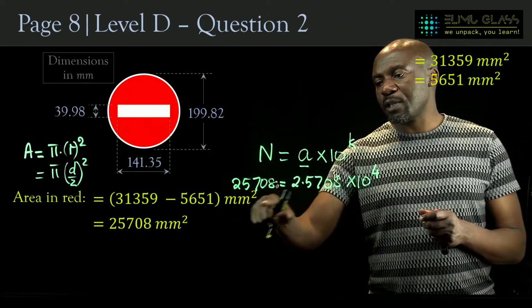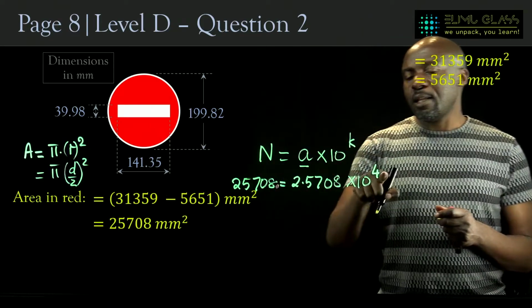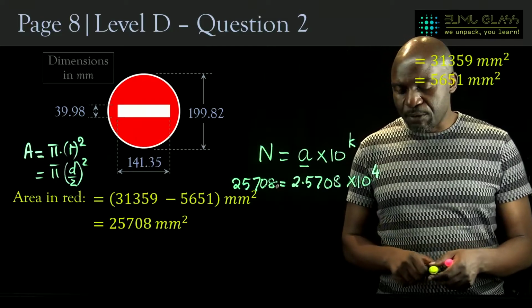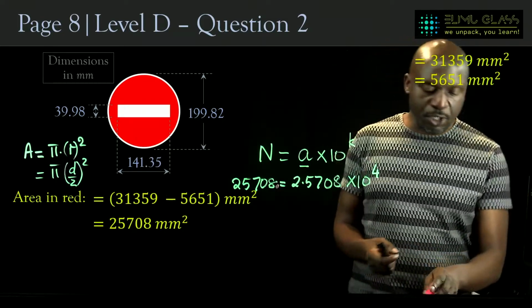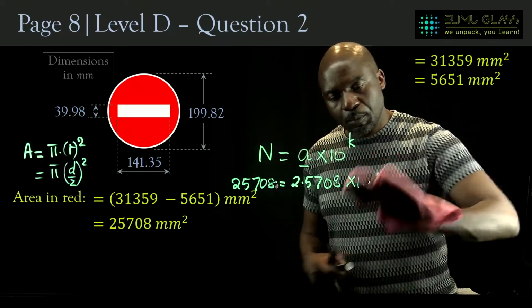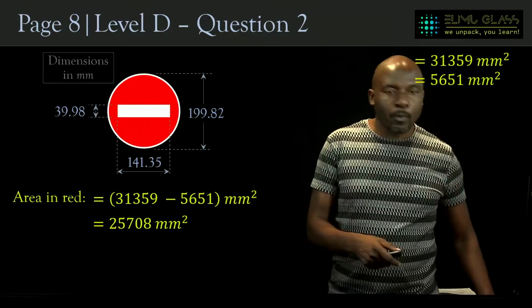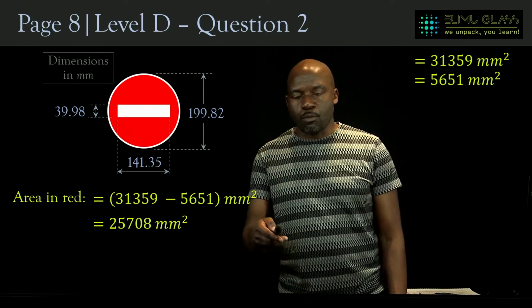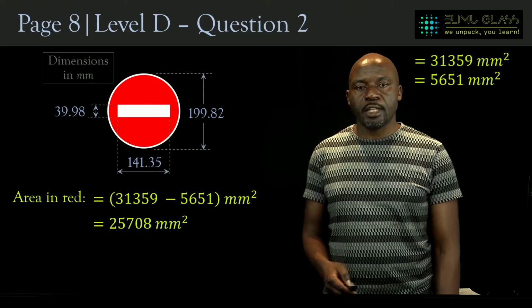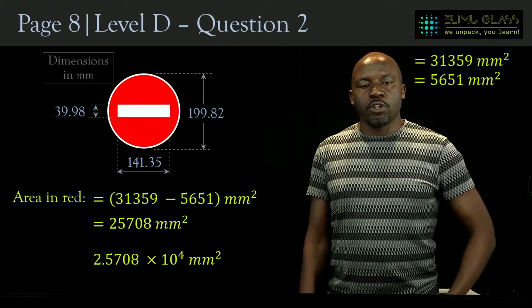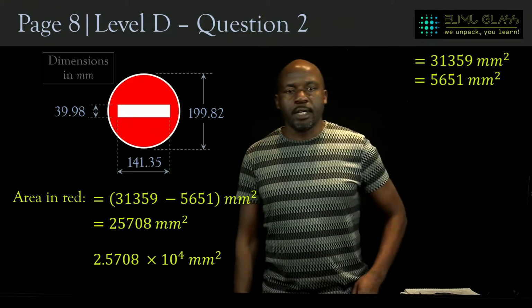If this number was less than 1, then this would have to be -4, like that, okay? And so this becomes the value expressed in scientific notation. Let me put that nicely. Okay, so let's put this more neatly. So in scientific notation then, this becomes 2.5708 multiplied by 10 to the power of 4, like that.